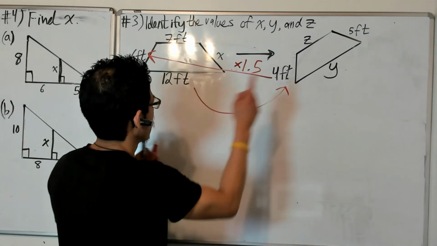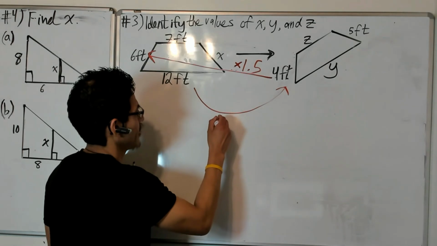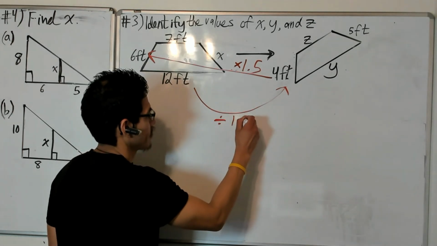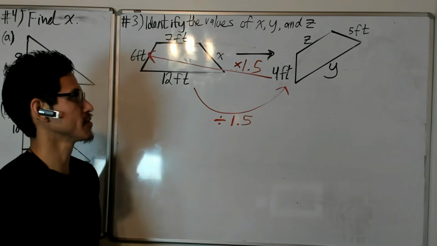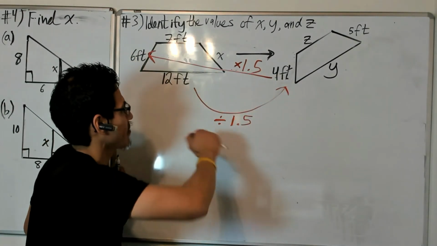So if we're going to go from this shape to that shape, that's the reciprocal: dividing by 1.5, or multiplying by 2/3. So we want to look at it in that way.